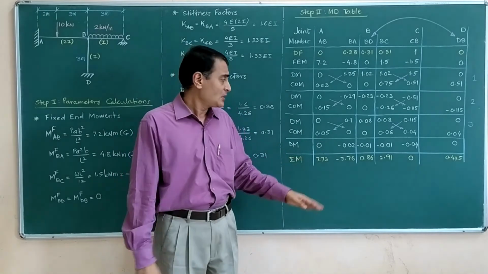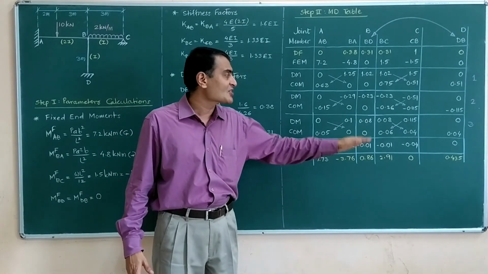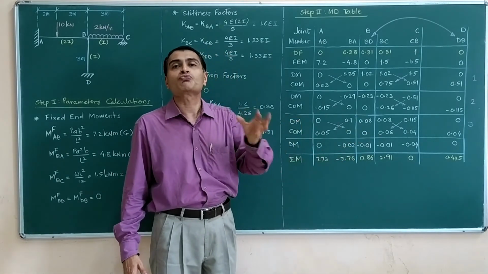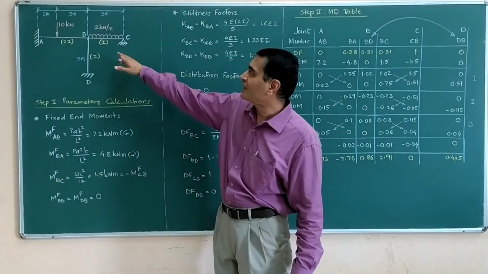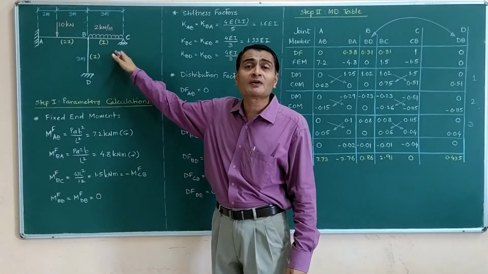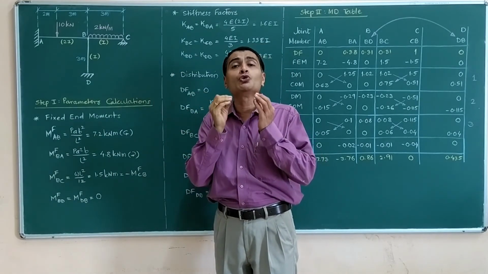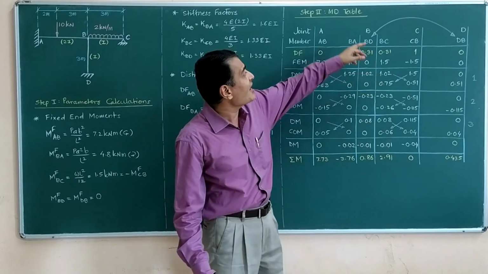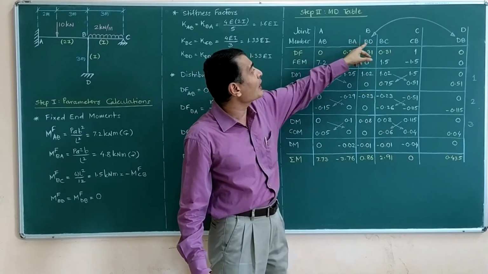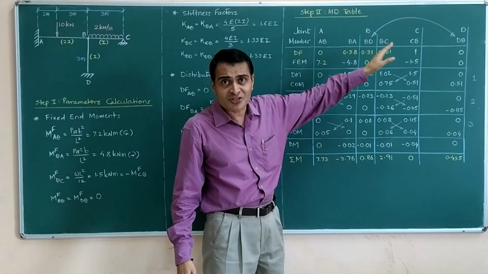So again, since we have done this often enough, I am leaving this exercise for the students to finish. We have analyzed one non-sway frame using the moment distribution method, and the only part where you need to pay attention is at joint B, how you write these members. It is BA, BD, BC.